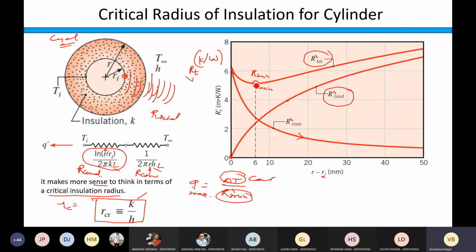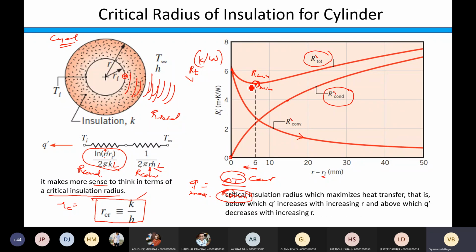So the radius at which this happens, we'll call it the critical radius. If your radius is more than the critical radius, what happens will be seen through this graph for the resistance, and if it is less than the critical radius, what happens to the heat transfer will be seen through this graph.